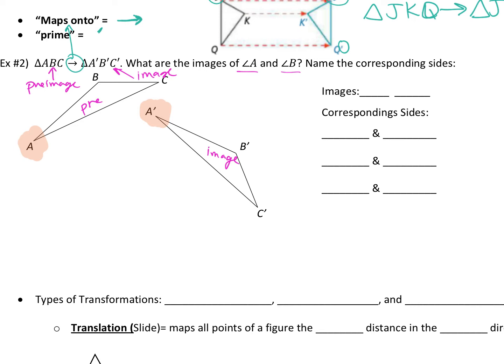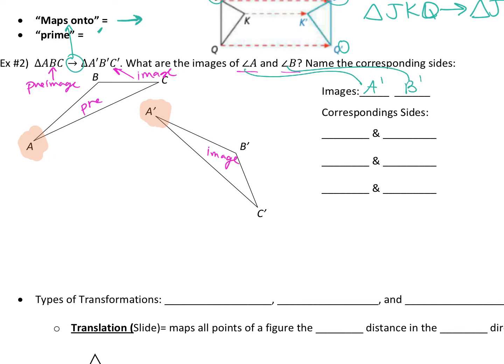Because A becomes A prime. So A prime would be the image of A. What's the image of B? B prime. Okay, so it's just what they became. It feels a lot like congruent figures when we talked about congruent corresponding parts in triangles, right? It's very similar to that. Now we're just adding that little prime hash mark to it.